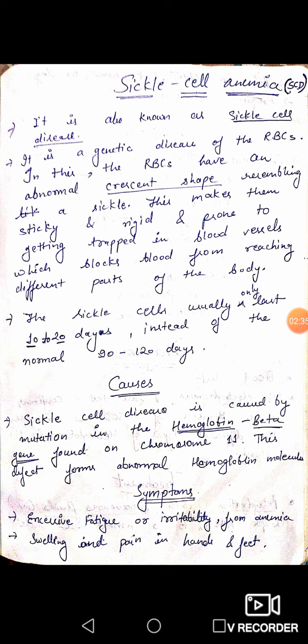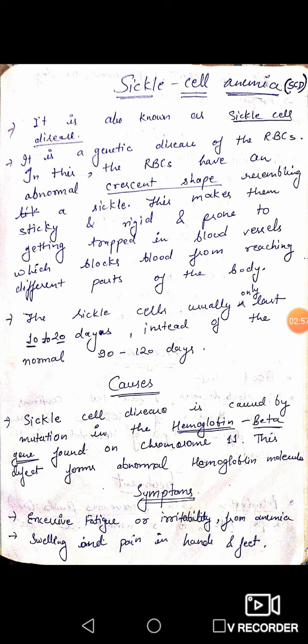But when a person has sickle cell anemia, the sickle cell lasts only 10 to 20 days and they die.